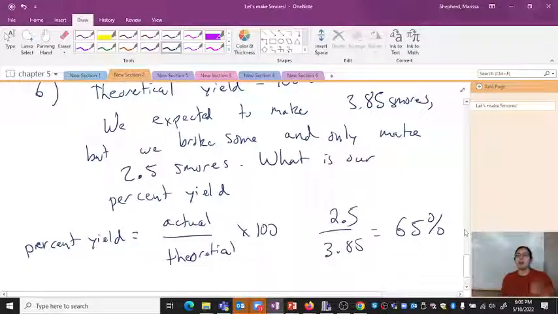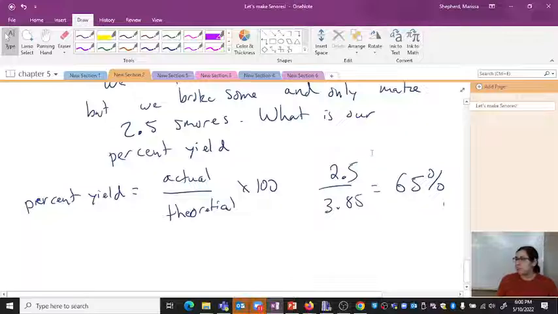That can be anywhere from I tripped and the product blew away, which I've seen happen, or I lost some while transferring. Turns out the marshmallow was more combustible than we thought. Exactly, so you don't know what happened.